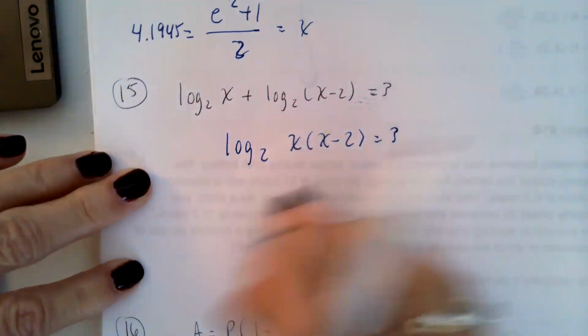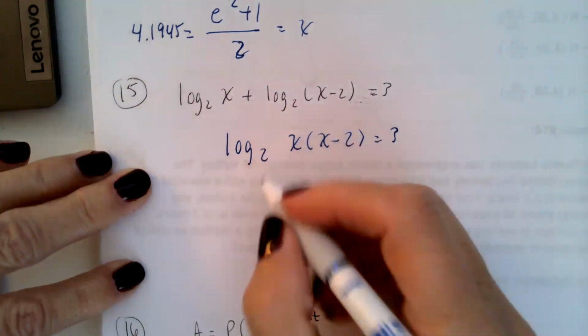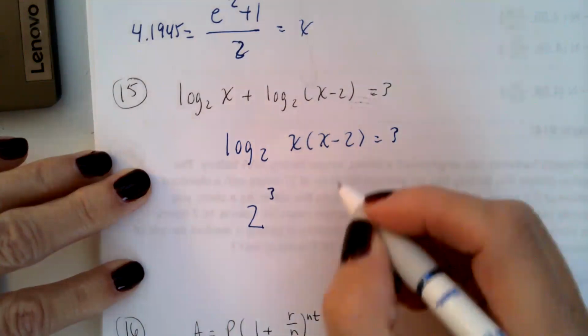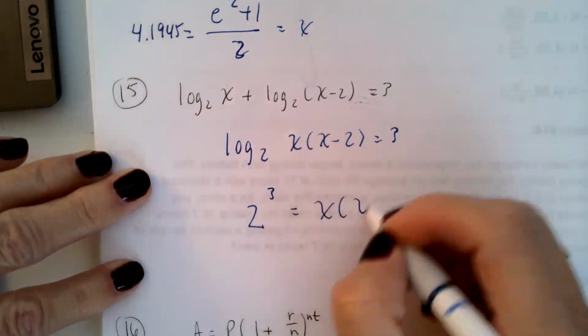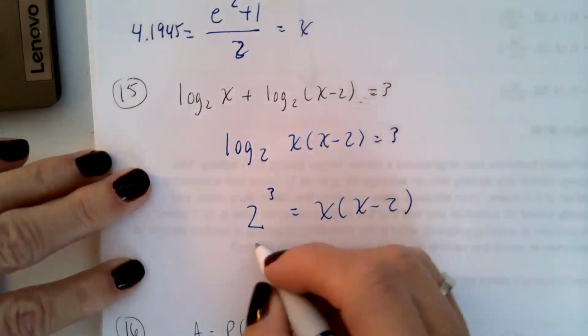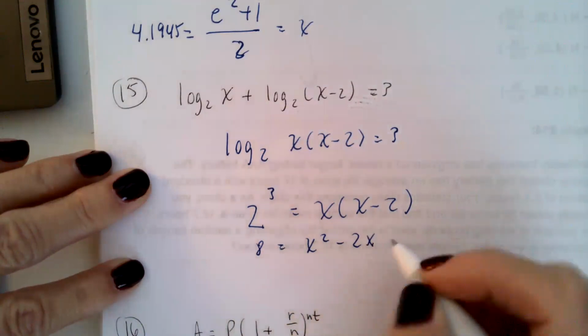And then again, I want to exchange this log base 2 into an exponential. So it's going to be base 2 cubed, because of this 3 here, equals x times x minus 2. And so that is 8 equals x squared minus 2x.